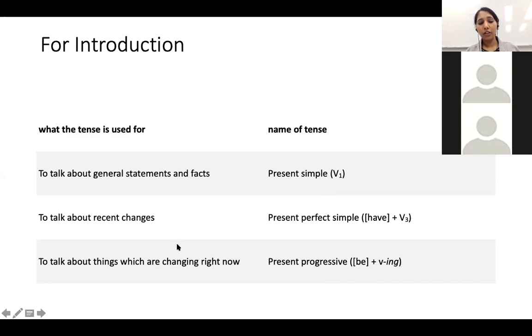If you're talking about recent changes, suppose the recent law about this has come into effect, you use the present perfect tense, so you have an auxiliary word. And for the things which are changing right now, you use the present progressive or the present continuous tense.